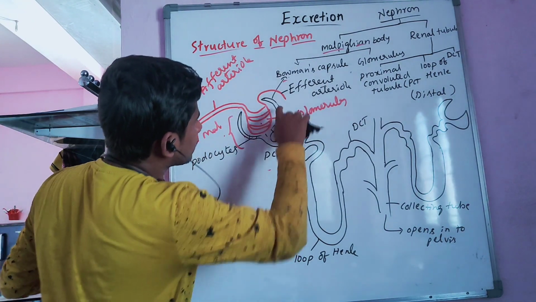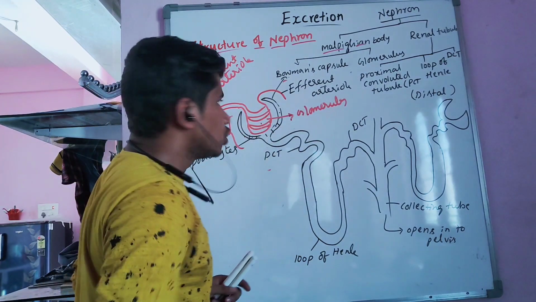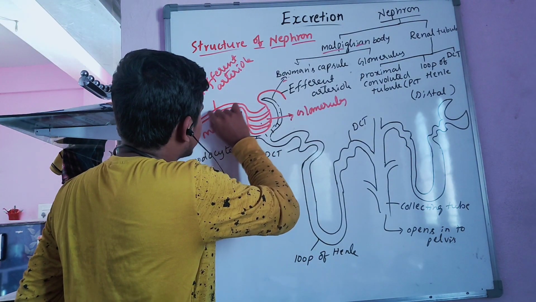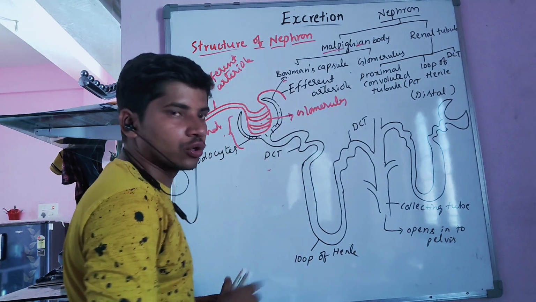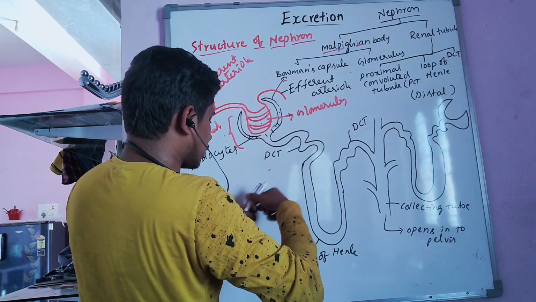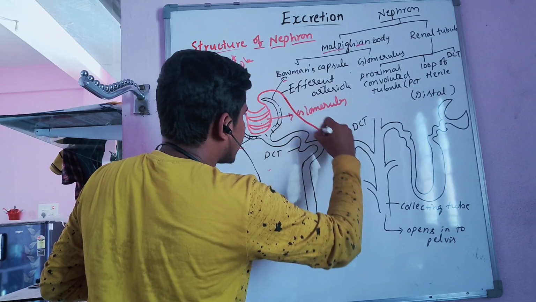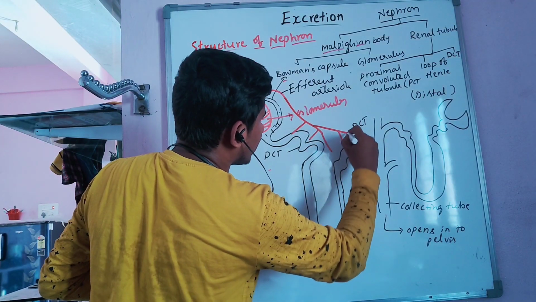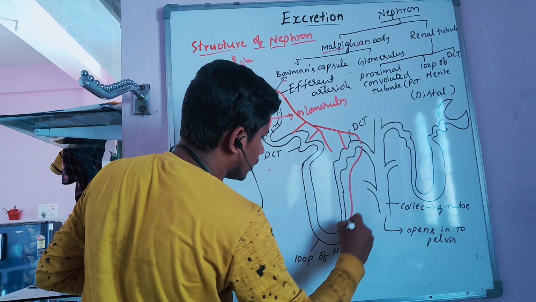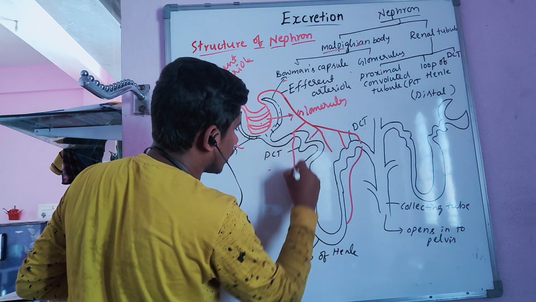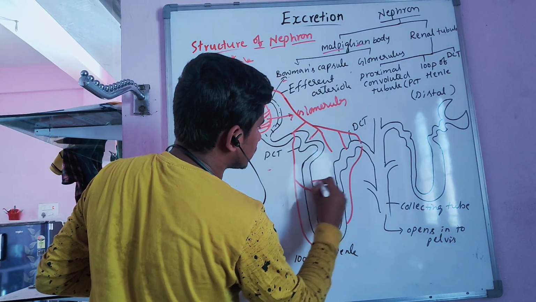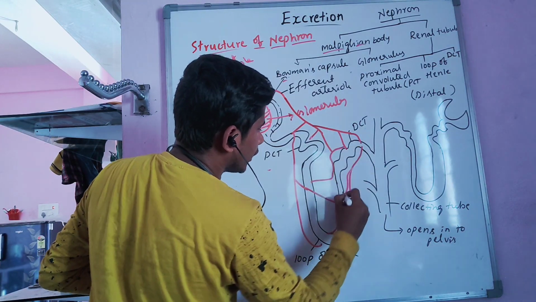Okay, hope you have understood about Malpighian body. So this is the Bowman's capsule and glomerulus. You remember that the blood never comes out of the blood capillaries. They always flow in the blood capillaries only. Now, the efferent arteriole comes down and divides into so many fine blood capillaries around the renal tubule.